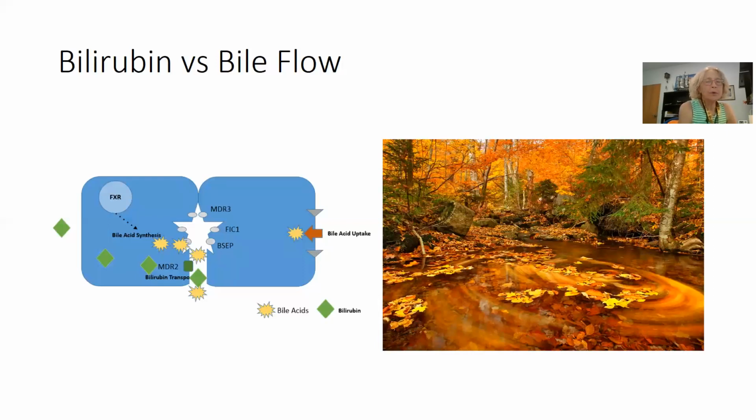So bilirubin and bile flow are completely different processes. They usually go together, so we use bilirubin as a surrogate marker for bile flow, but that's really all it is, a surrogate marker. They go through different sets of transporters.